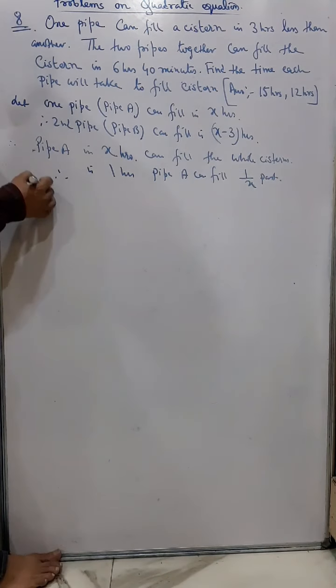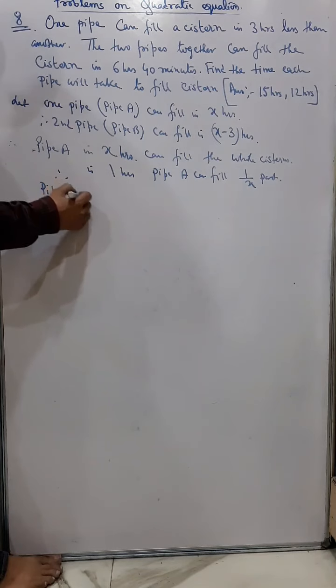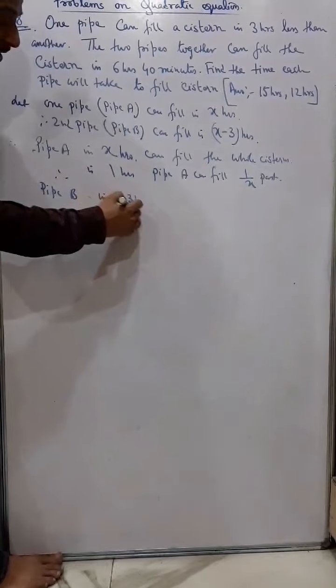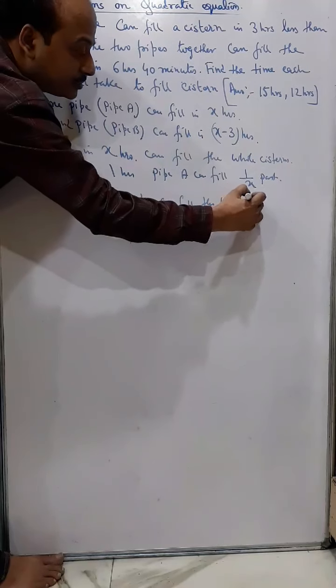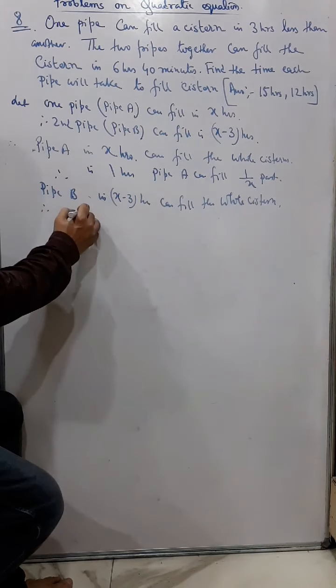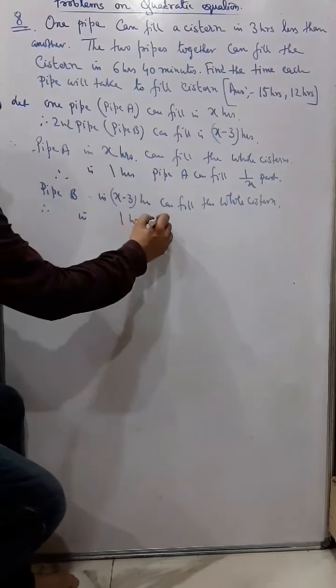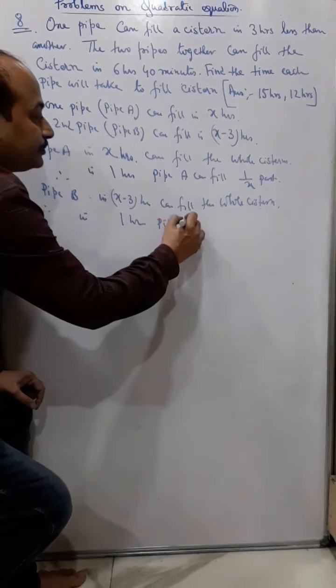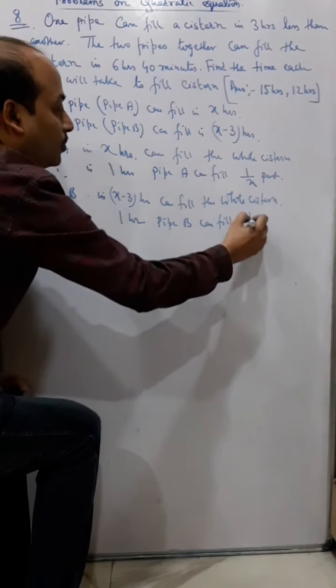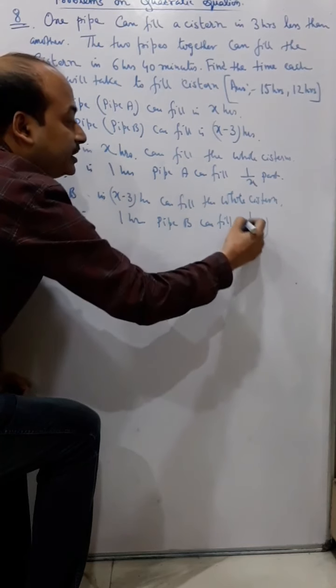Similarly, pipe B in x minus 3 hours can fill the whole cistern. Therefore, in 1 hour, pipe B can fill 1 by x minus 3 parts.